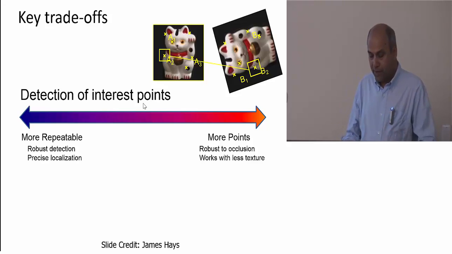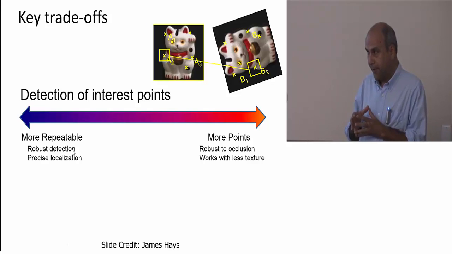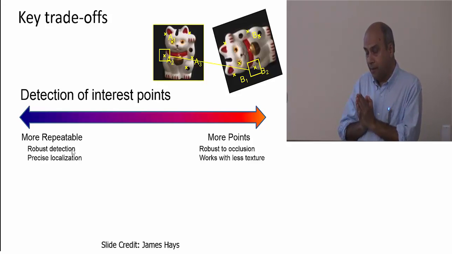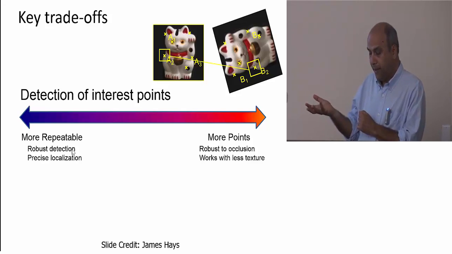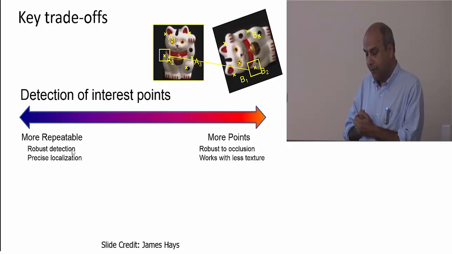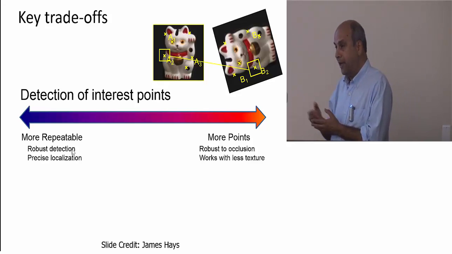On one side we want more repeatability, which means robust detection and also precise localization. On the other side, we want these to be robust to occlusion, and they should work even if there's no texture.